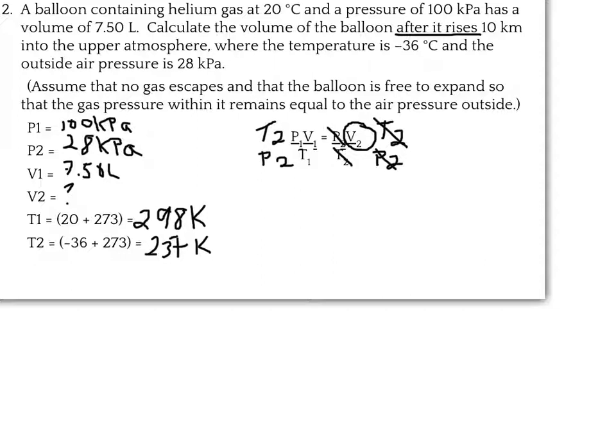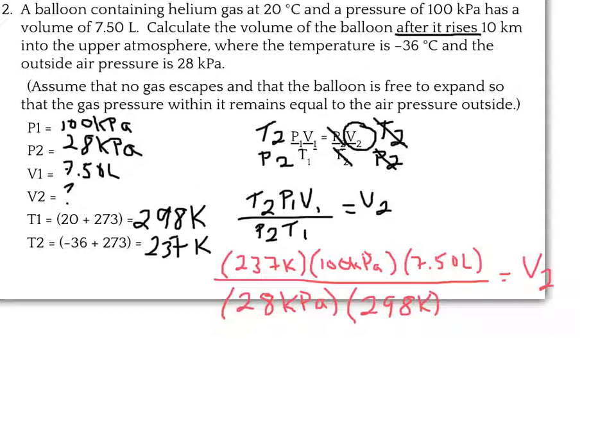Our final formula we have now is going to be T2 P1 V1 over P2 T1 is equal to V2. If you're struggling with the organization of this formula and the rearranging of it, please ask because it is complicated. What I've done here is I've subbed in all of my variables. I have 237 Kelvin multiplied by 100 kPa multiplied by 7.5 liters divided by 28 kPa divided by 298 Kelvin.